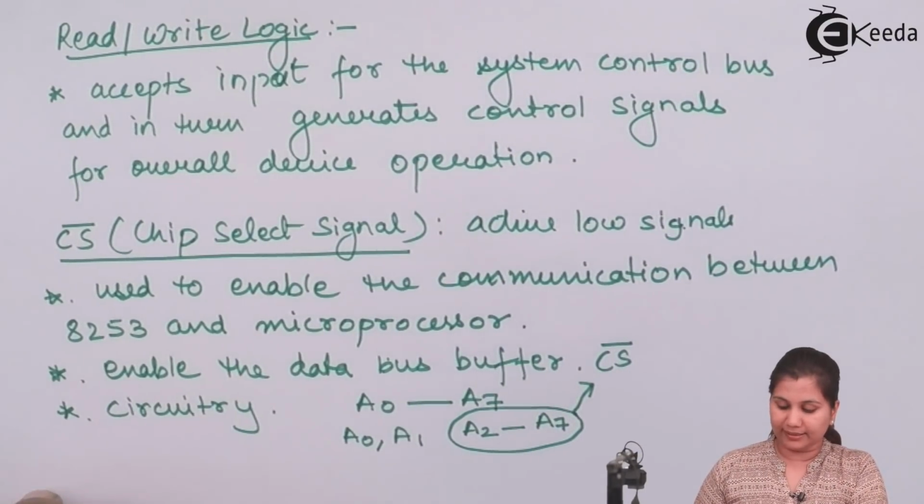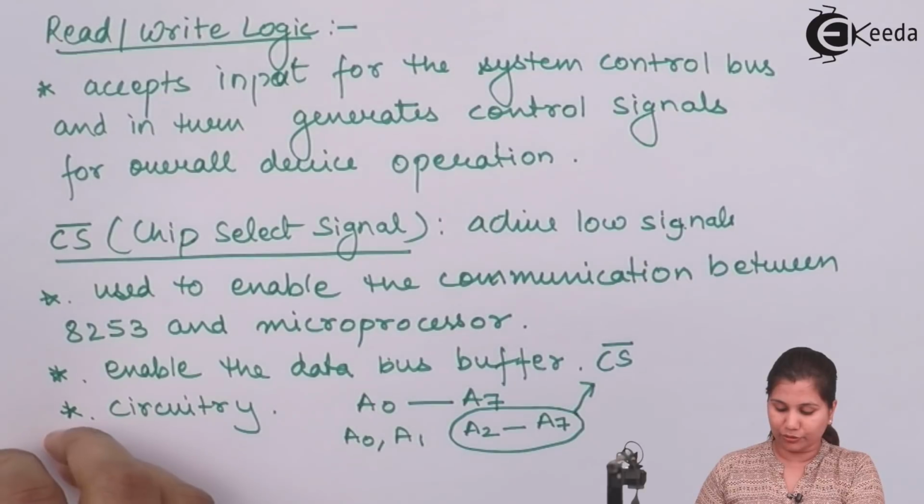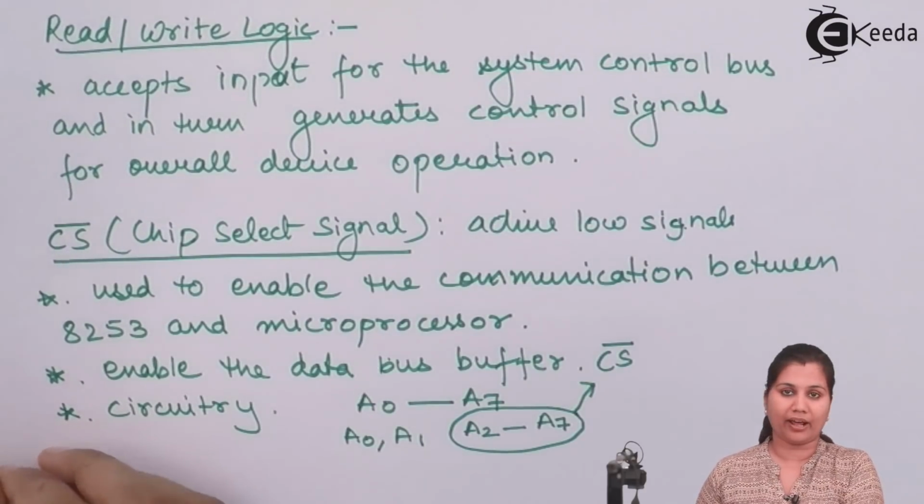Now the next signals in the read and write control logic are the read and write signals.